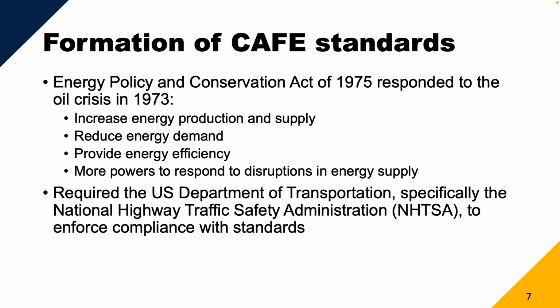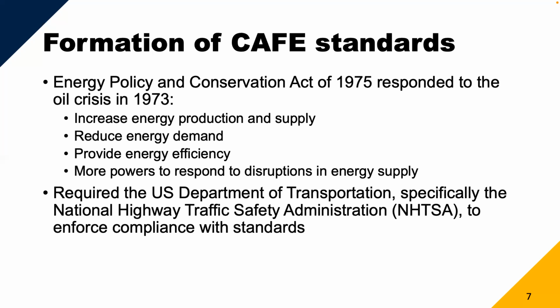And there was basically a huge shortage in the early 1970s. And as a result, the Energy Policy and Conservation Act was passed with a whole bunch of goals. So increased energy production and supply, reduce energy demand, provide energy efficiency, and provide more powers to respond to disruptions in our energy supply.